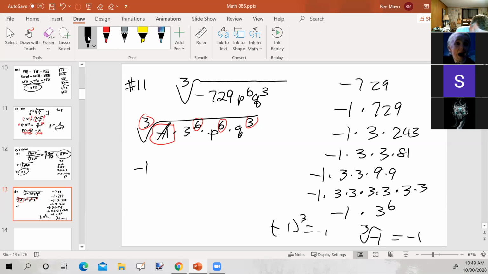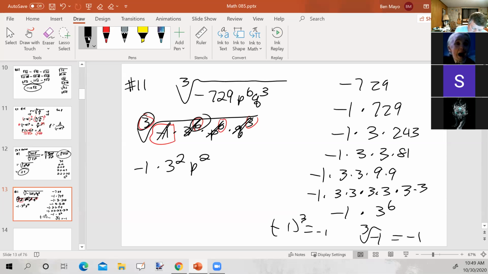The cube root of 3 to the 6th power would be 3 to the what power? What's 6 divided by 3? 2. Any questions where I got the 2? All right. What's p to the 6th? What's the cube root of p to the 6th power? P squared.